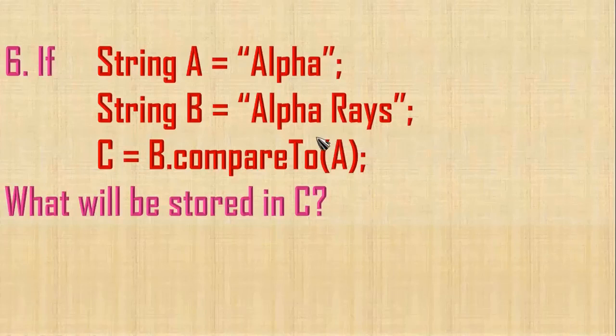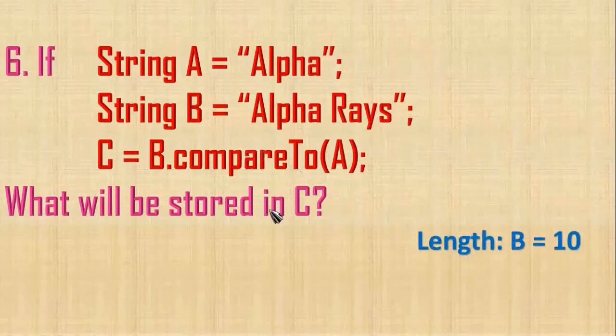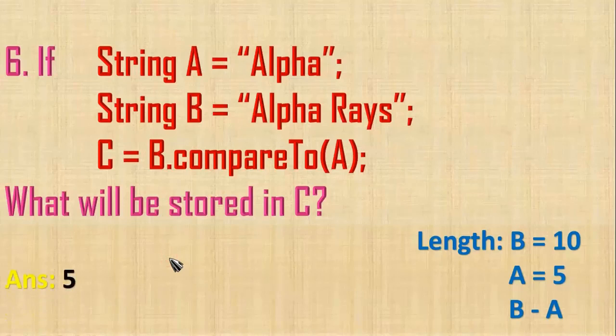Here B is compared to A. So B's length is 1, 2, 3, 4, 5, 6, 7, 8, 9, 10, and A's length is 1, 2, 3, 4, 5. So the difference will be B minus A, that is 10 minus 5, which is 5.